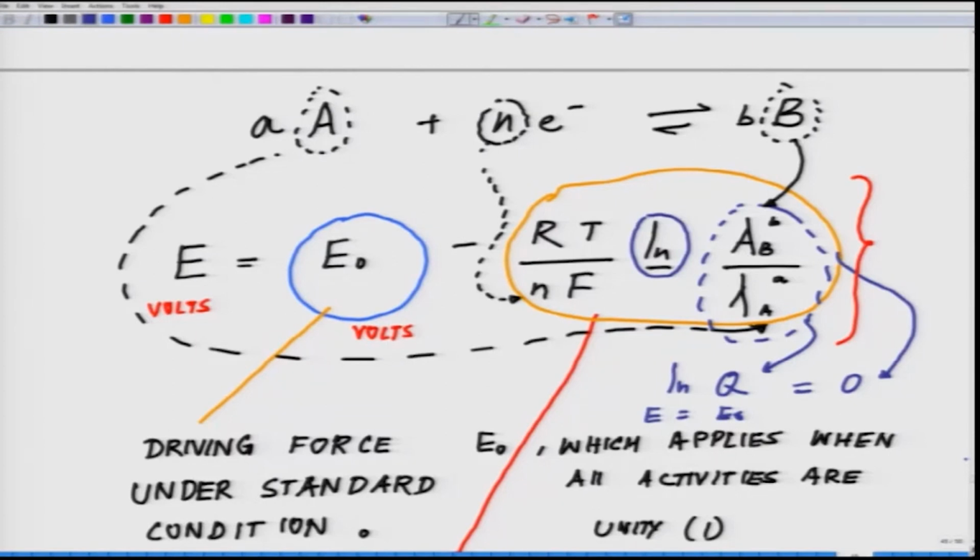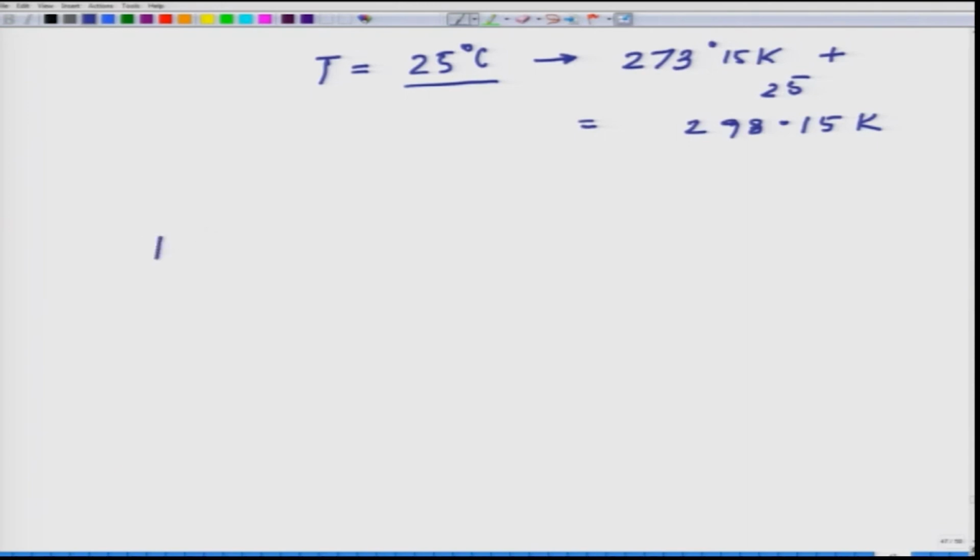So, the next thing is converting the natural logarithm into the base 10 logarithm and inserting the value of T. This equation works at a T of 25 degree centigrade, which is essentially 273.15 Kelvin plus 25. So, that makes it 298.15 Kelvin.